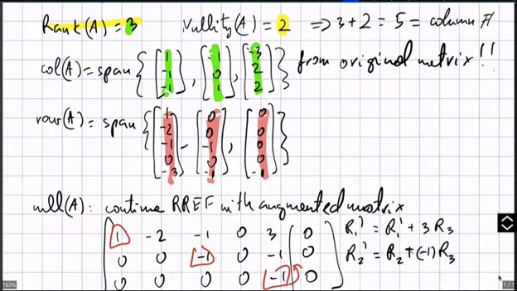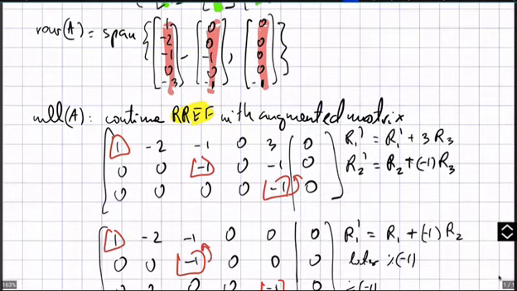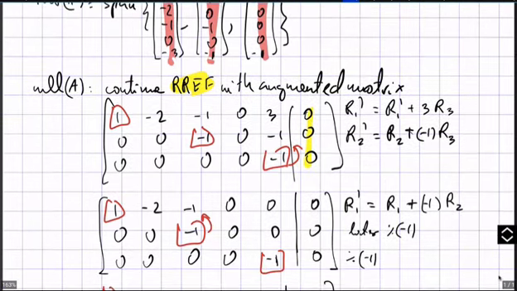For the nullity and the null space of A, we have to continue to get the reduced echelon form with the augmented matrix on the right hand side, the 0 vector. So what we have to do now is, starting from the bottom, because we already arrived to the bottom with the reduction, we continue back from the bottom to the top.